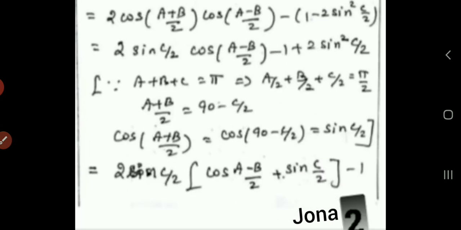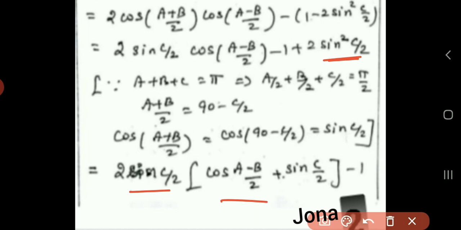And then keep the other things as they are there. After that we can take the common factor: 2 sin C by 2 is common here. So we can take 2 sin C by 2 as common. The remaining factors are, in the first term, cos of (A minus B) by 2, and in the third term simply sin C by 2. Keep this minus 1 as a separate term here.